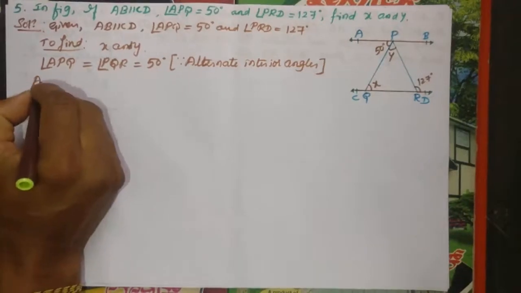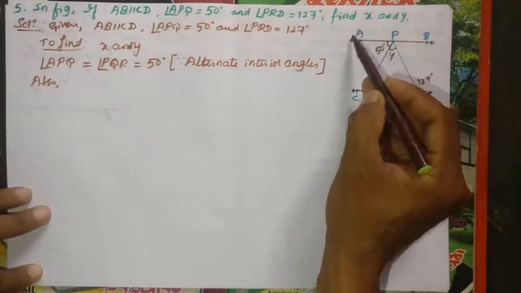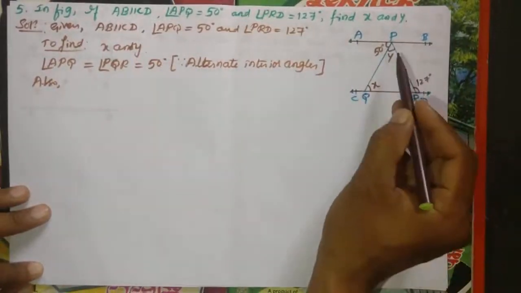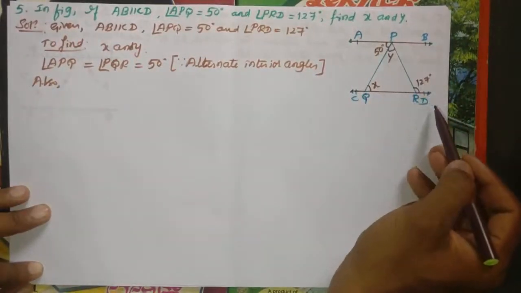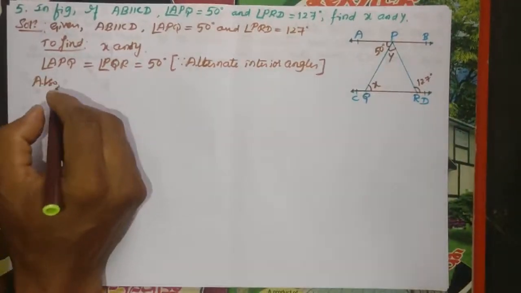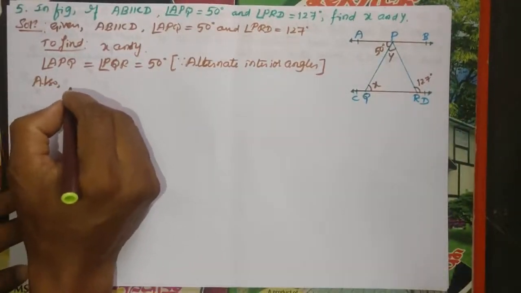Also, as AB is parallel to CD, angle APR is equal to angle PRD, alternate interior angles.